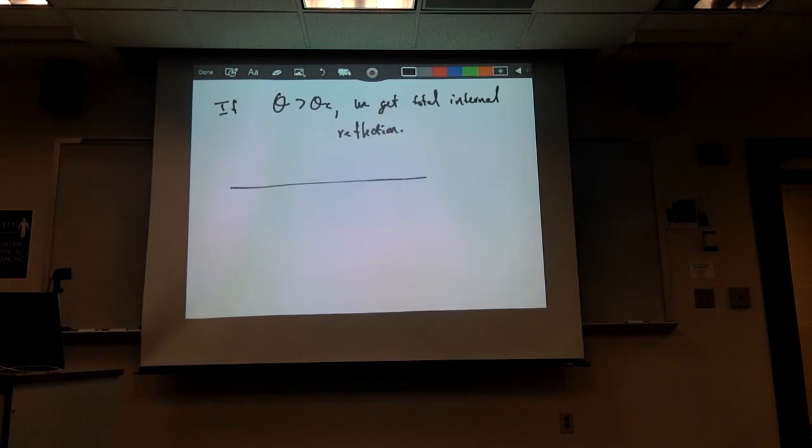Which means by the time the light hits the boundary, if it has an angle greater than theta critical, all the light will only be reflected on the interior. In which case, it will be reflected at the angle of theta due to our law of reflection. No light will ever be found on the opposite side. In this case, we have no refraction.